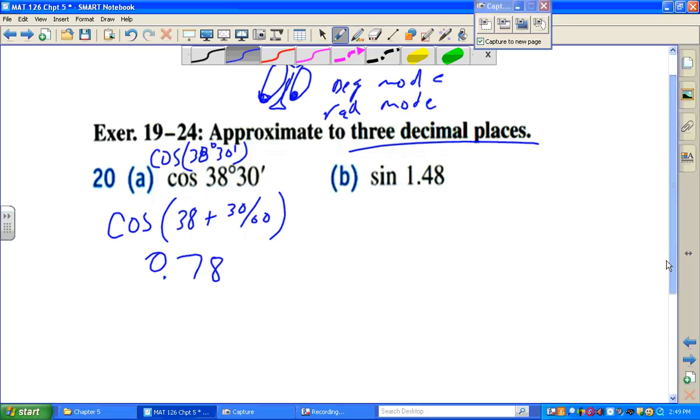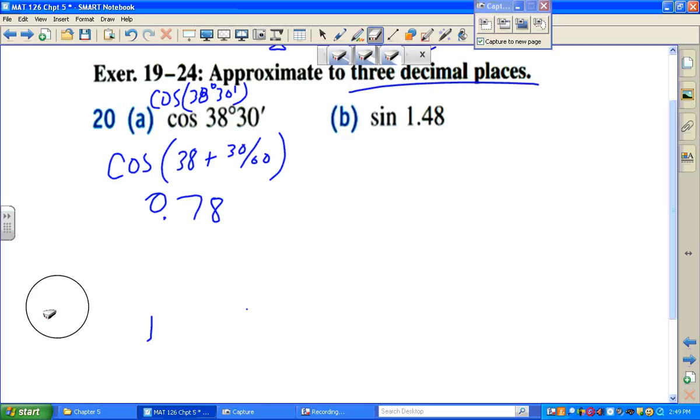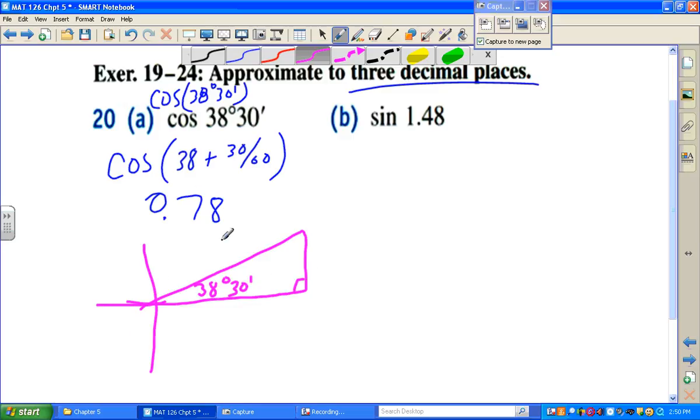Did you know that if I went to the first quadrant of the unit circle, drew a triangle, and the angle measured 38 degrees and 30 minutes, the adjacent side would be 0.78 and the hypotenuse would be 1, because the definition of cosine is adjacent over hypotenuse?